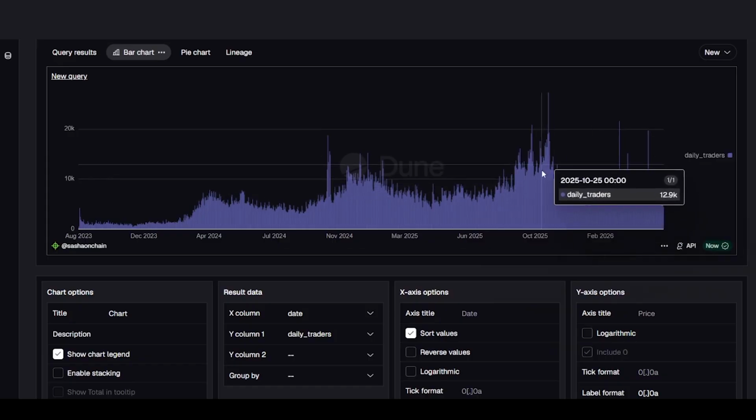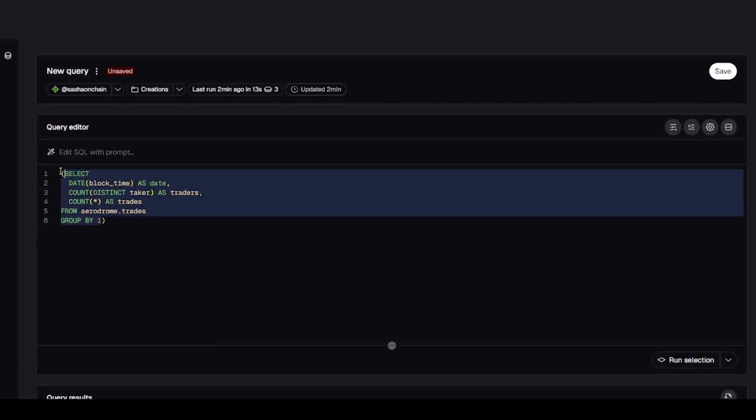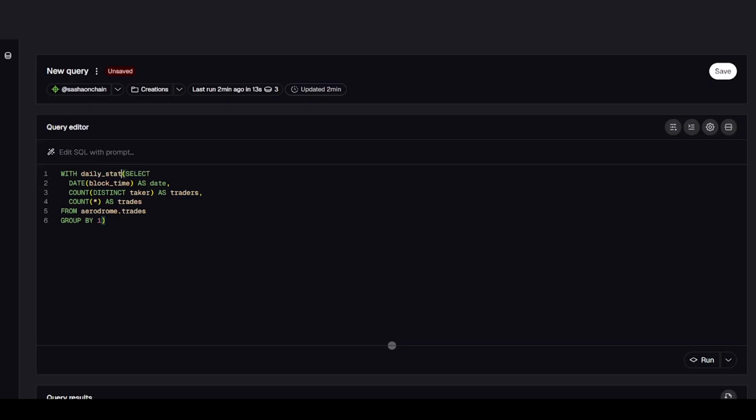Now let's make this a bit more interesting. Instead of just counting users, let's measure how active they actually are. We wrap the first query into a CTE just to keep things cleaner. Then we divide total trades by total traders.